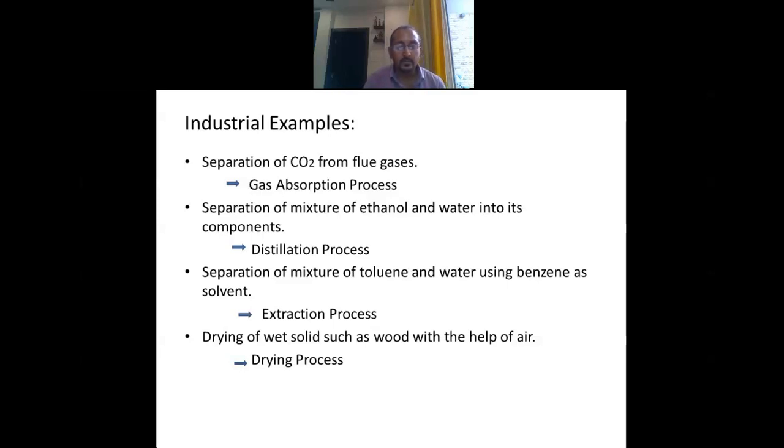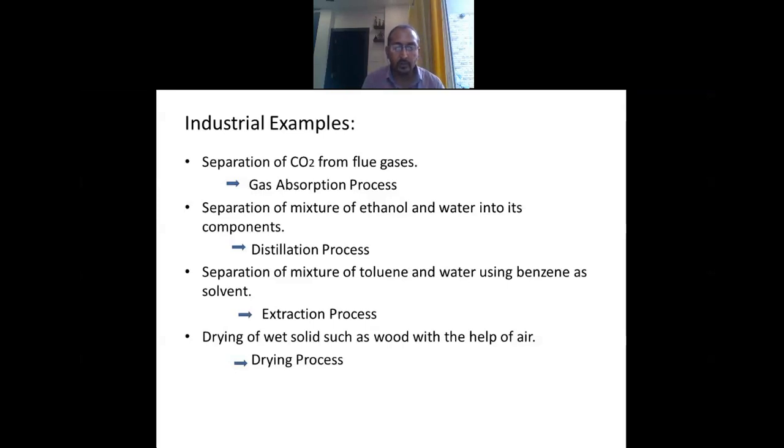The next example is the separation of mixtures of ethanol and water into its components. The process used to separate the liquid mixture of ethanol and water into its components is called the distillation process. In distillation, suppose we have a liquid mixture of ethanol and water, say 50-50% composition, and we want to reach 70% pure ethanol.